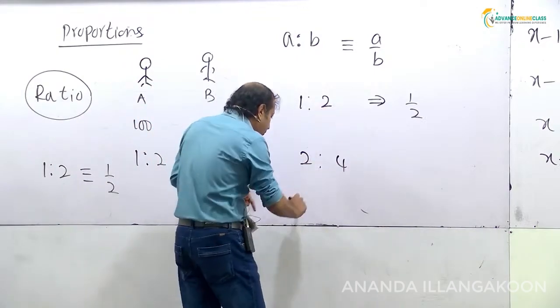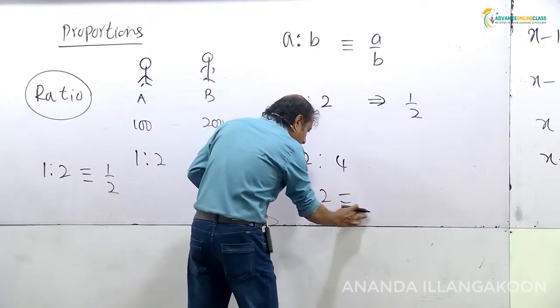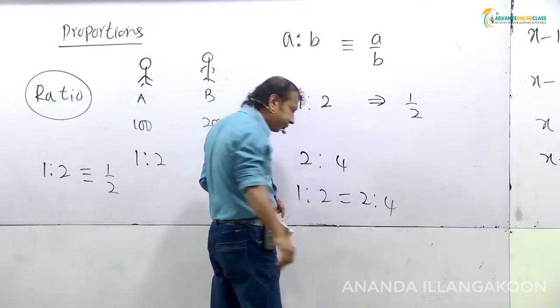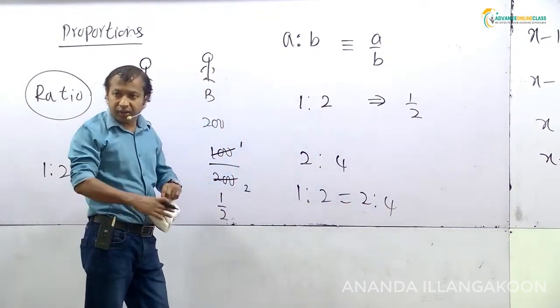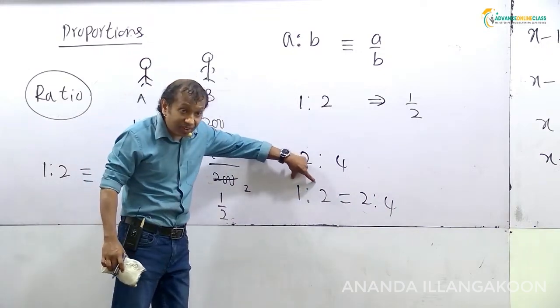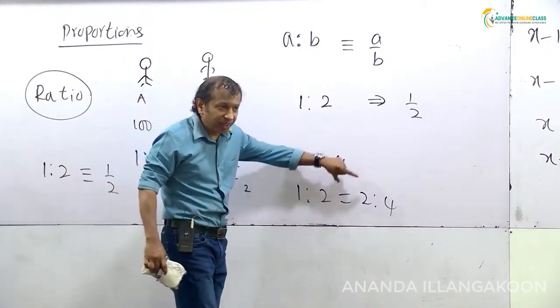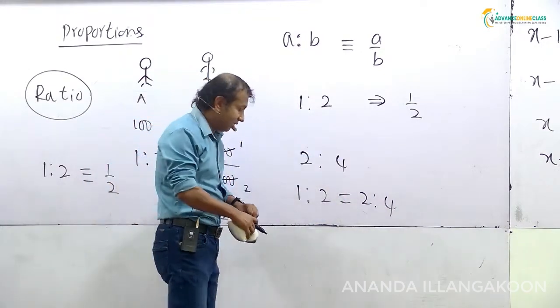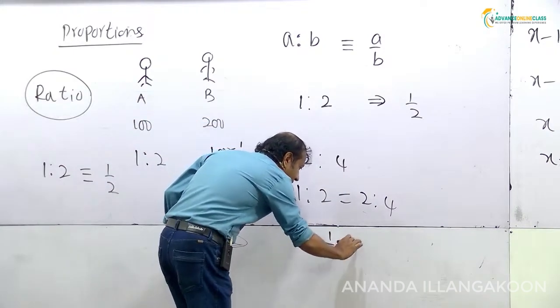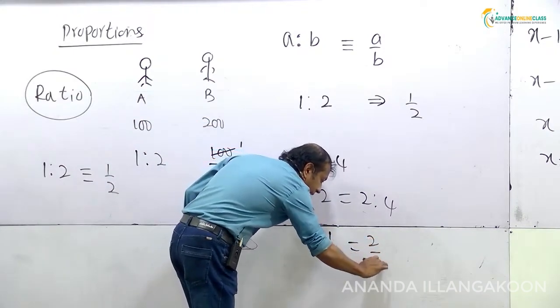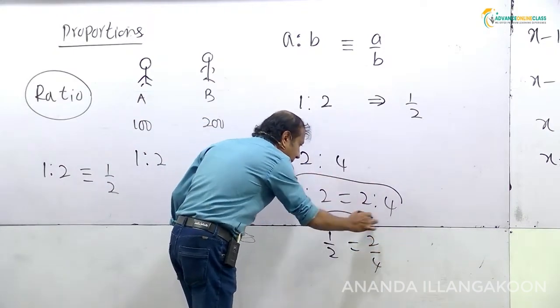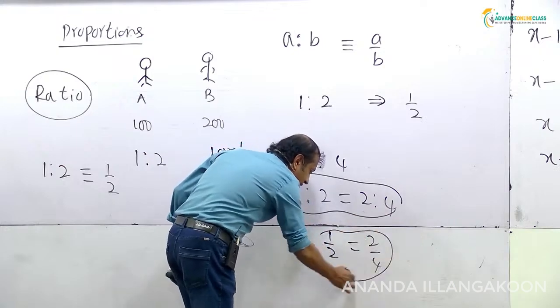Therefore, these two ratios, 1 is to 2 is the same as 2 is to 4. Tell me this as a fraction? Half. This is 2 over 4. Right, people, this is called what? Proportion. A proportion we can write as fractions like this.